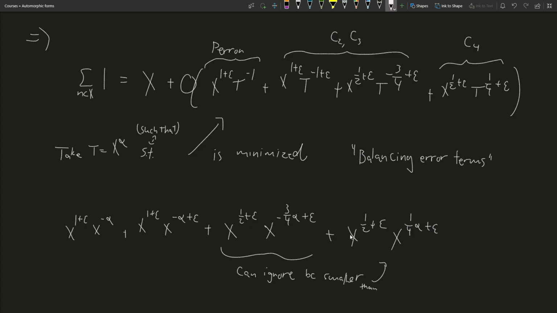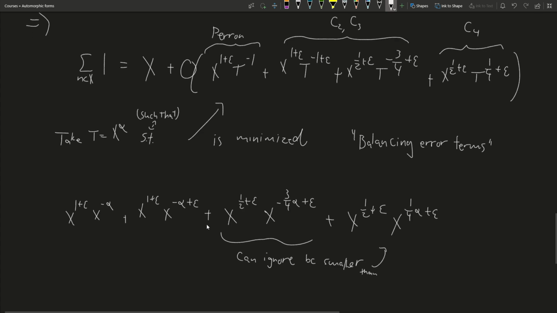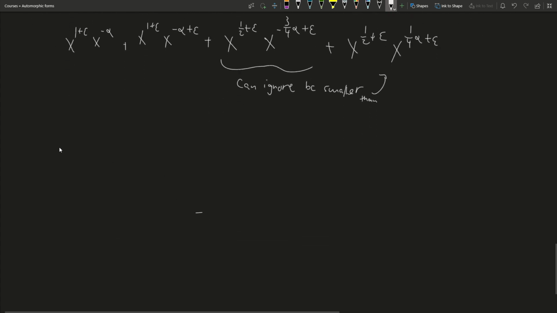We still have this x to the 1/2 plus epsilon, and then here we have an x to the minus 3/4 alpha, and here we have an x to the 1/4 alpha. And we're thinking of t as being large, so alpha is going to be positive, so this term is just always smaller than this term. And similarly, this term is always going to be smaller than this term, but they're similar enough, and we're going to ignore the epsilon, so that doesn't matter. But what this means is that we end up with just two terms to compare.